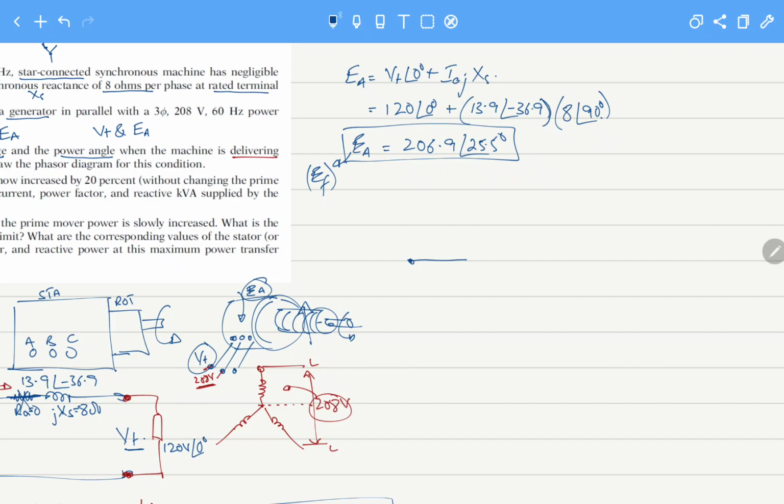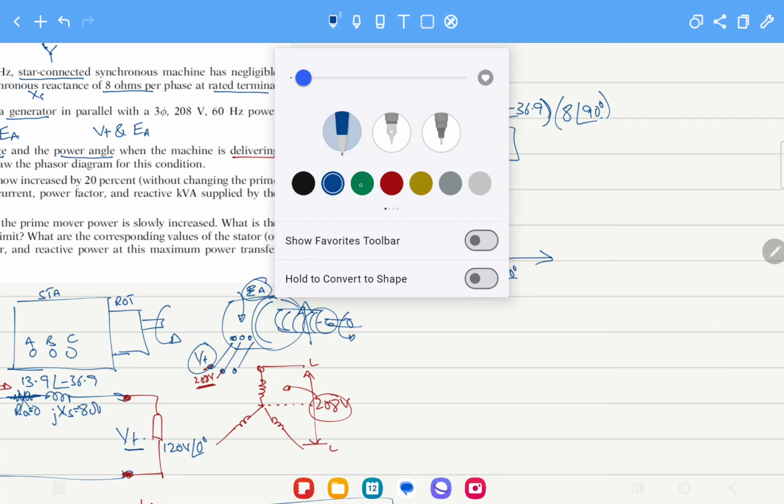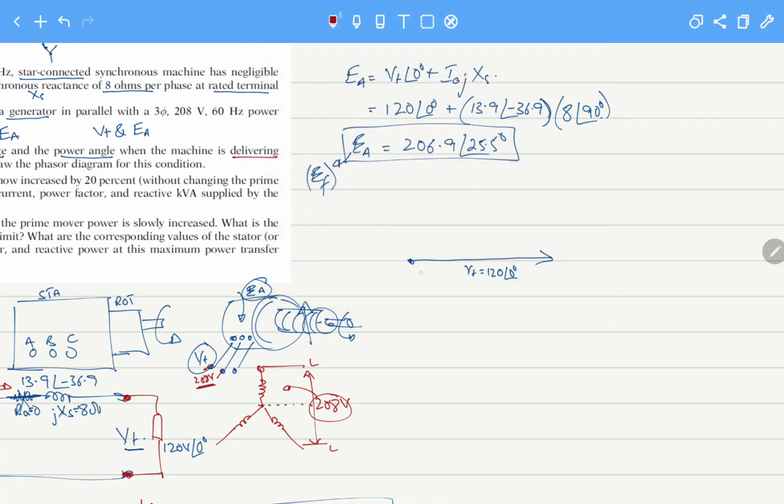For the VT, we had VT equals 120 volts at angle 0 degrees, and the current was IA, equal to 13.9 with an angle of minus 36.9 degrees.